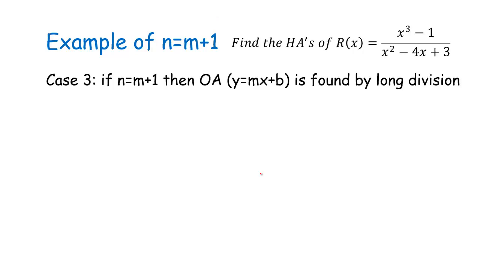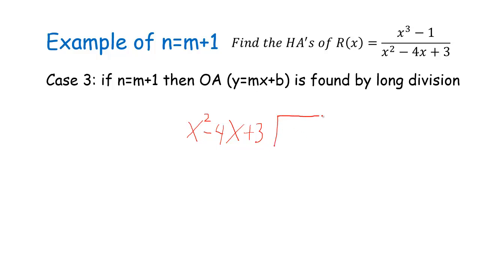Case 3, the degree of the numerator is 1 more than the degree of the denominator. In this case, we have an oblique asymptote, and to find the oblique asymptote, we have to do long division. So here we go. I'm going to take x squared minus 4x plus 3 and divide it into x cubed minus 1.